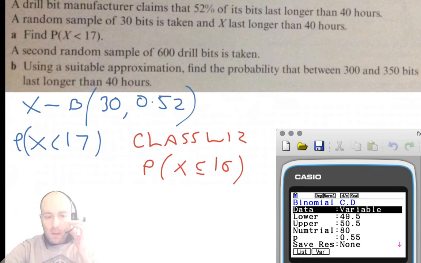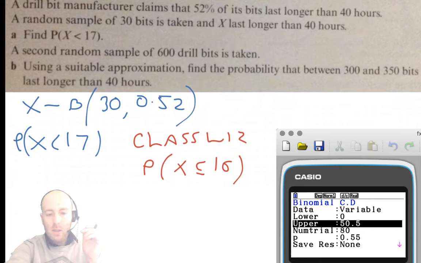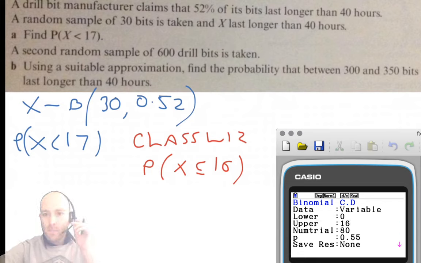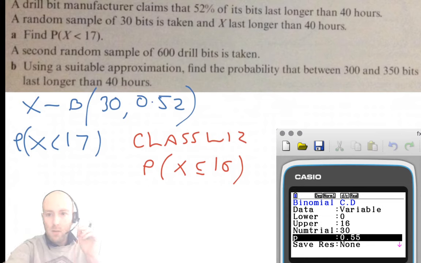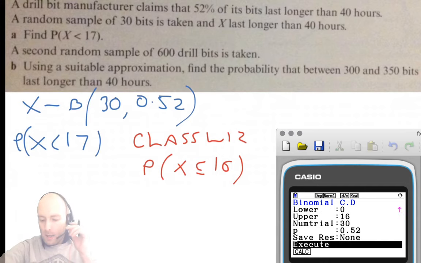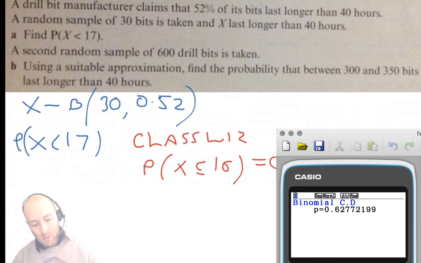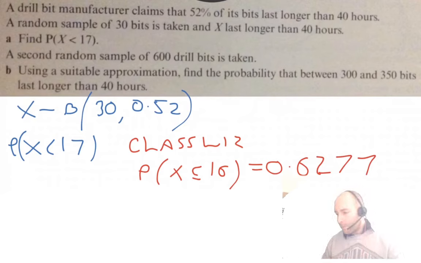My lower value is going to be 0. Upper value is going to be 16. Number of trials 30. Probability 0.52. And as you guys saw, the answer is 0.6277. There you go. Cool. So well done on the first bit.